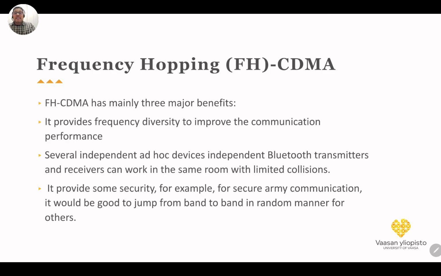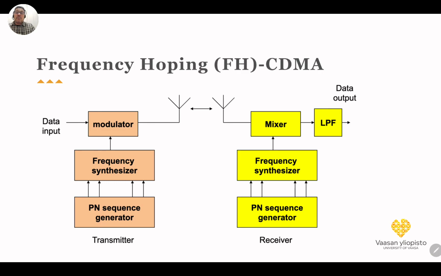This can be the shape of the modulation. This is the modulator, this is the PN sequence generator, and we have the frequency synthesizer here, which converts the result of this PN sequence into a certain carrier frequency. And now we have the modulator, and every time we use a different frequency.